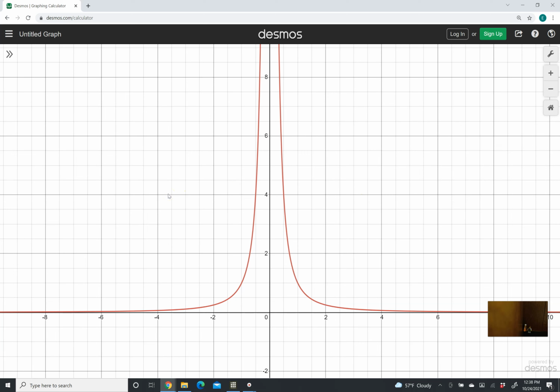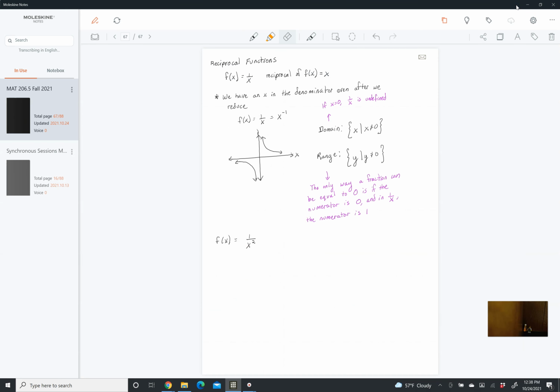So 1 over x squared looks as follows. It's very similar. Even the domain and the range is similar.